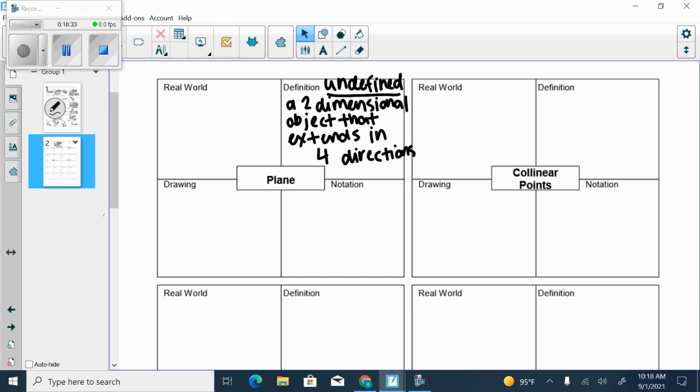Okay. A plane must also include four directions. Okay. It also contains at least three non-collinear points.